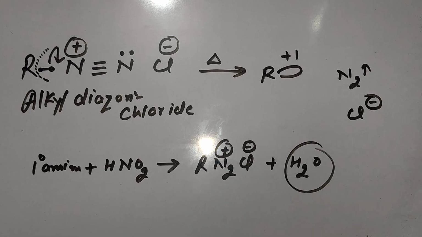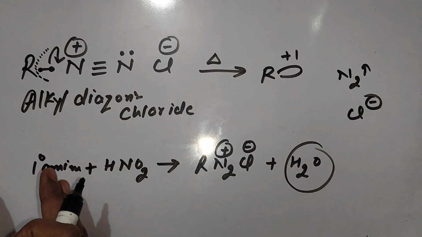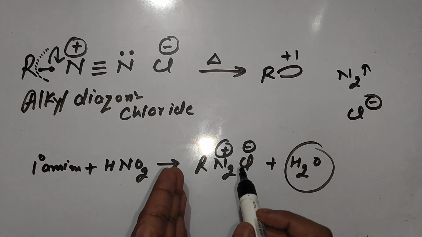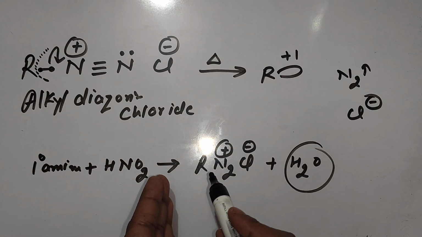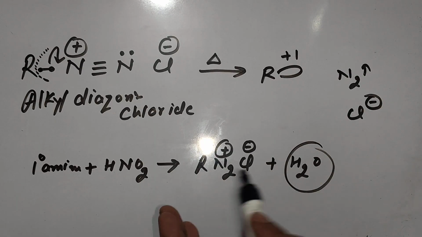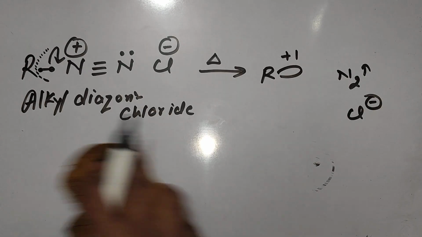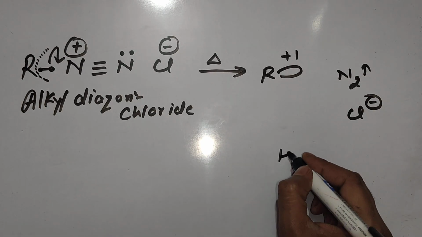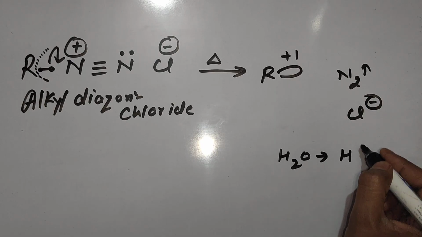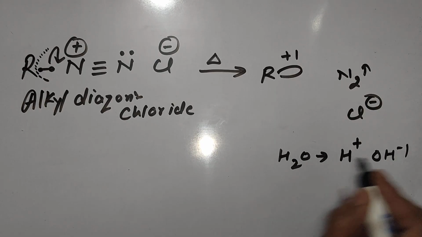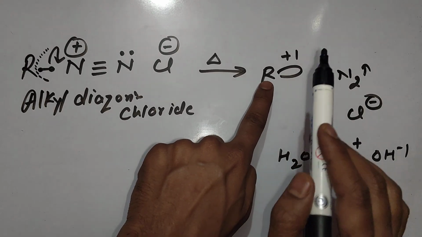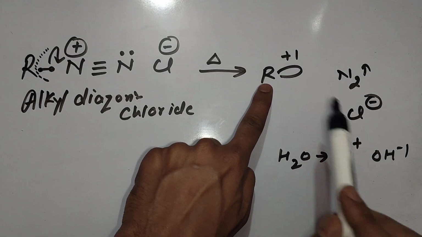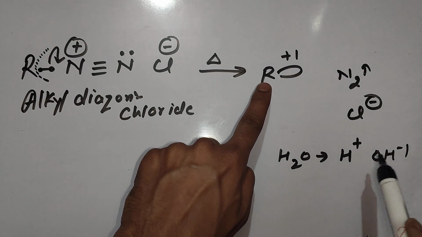Yes, water molecules are released there. So keep in mind that from 1 degree amine and nitrous acid, not only alkyl diazonium chloride is generated; a side product, H2O, is also generated. Now H2O breaks into two parts, H positive and OH negative. This means this carbocation has a chance to be attacked by two negative particles, Cl negative and OH negative.